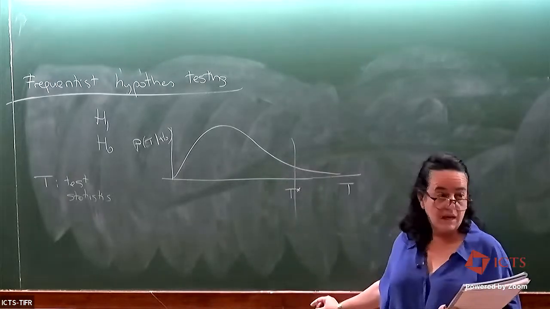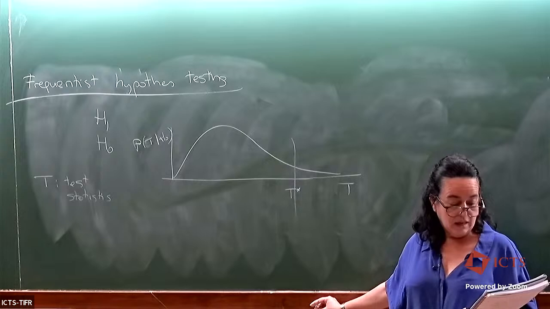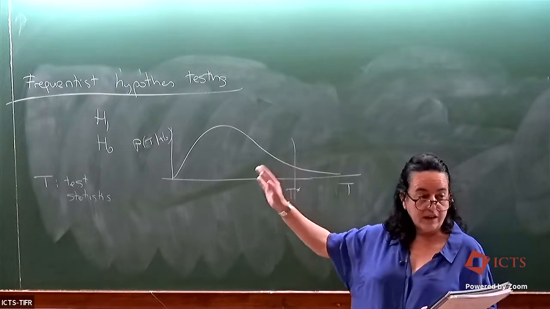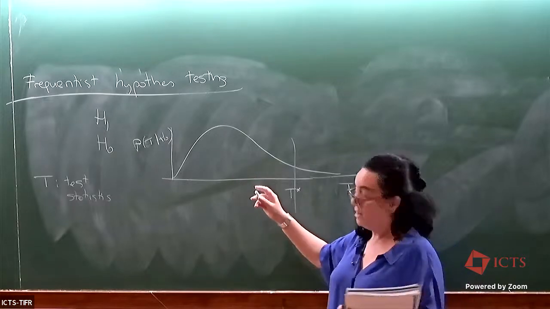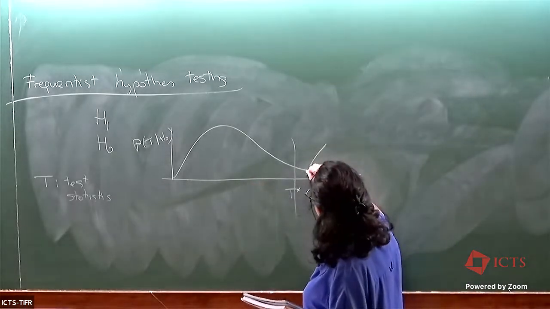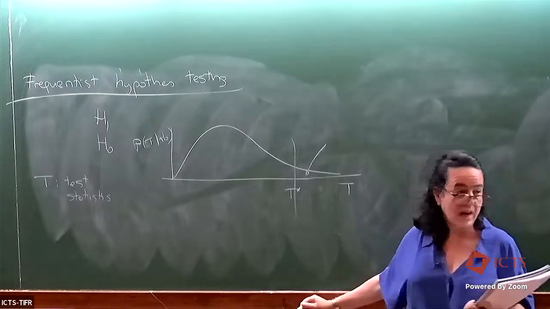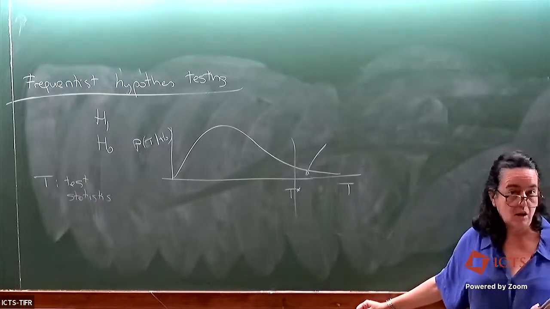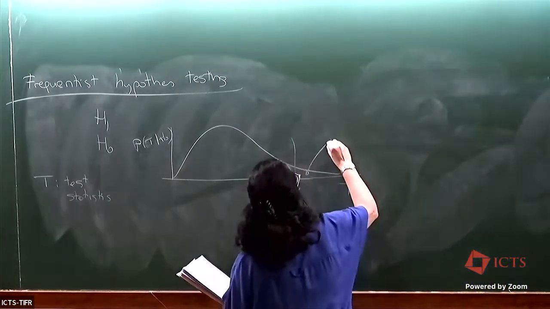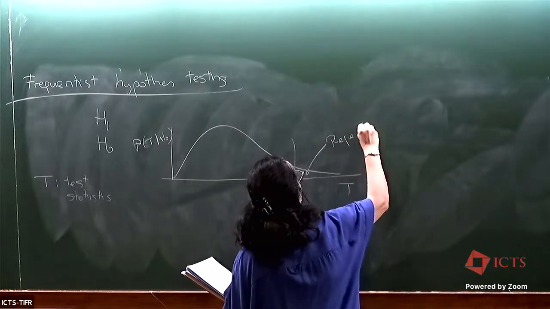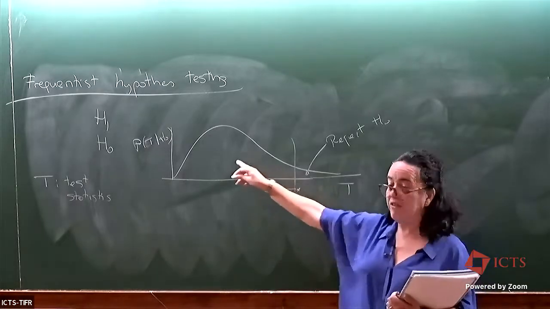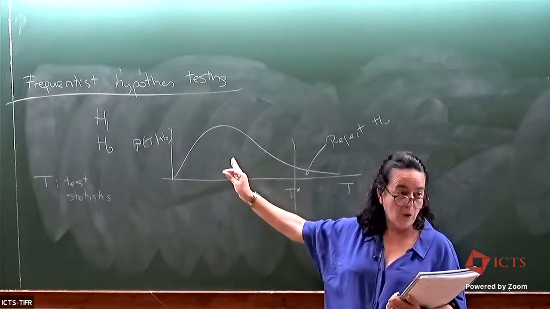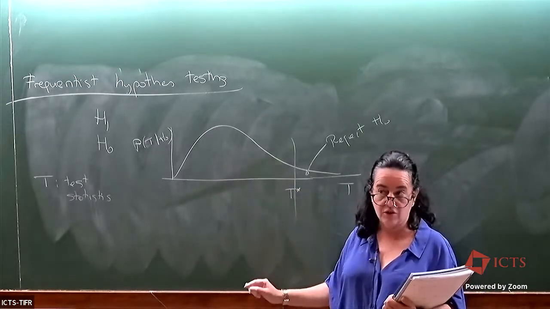And when I do a test, if the value that I measure falls in this region, if it's higher than T asterisk, I will reject H0. And if it falls below, I will accept H0.